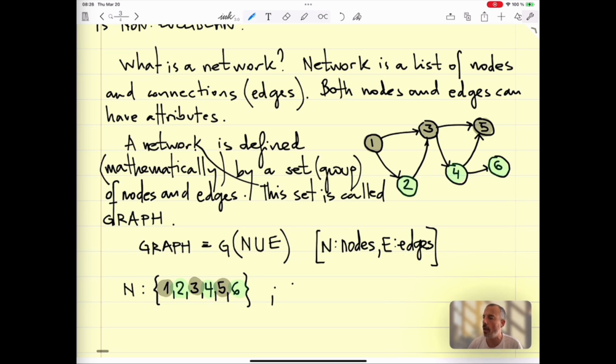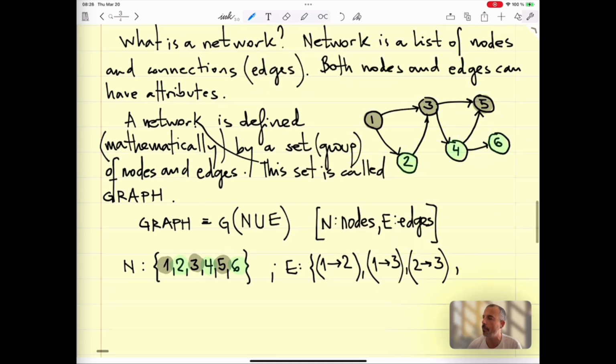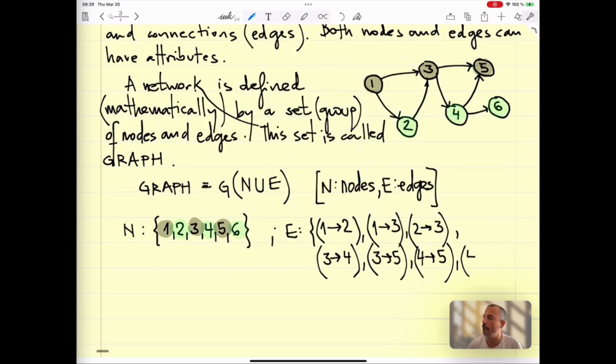Then we have the list of edges, which goes like this: 1 to 2, 1 to 3, 2 to 3, 3 to 4, 3 to 5, 4 to 5, and 4 to 6.